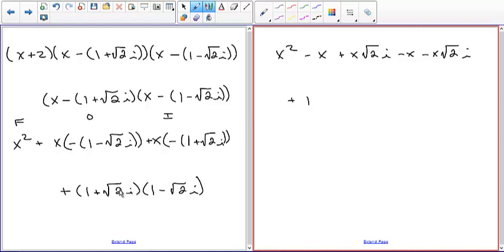You've got plus square root of 2i times 1 and minus square root of 2i times. So the inner part of that multiplication goes to 0. And then the last part is you have the square root of 2, and we got a negative sign here. So it's negative because positive times negative is negative. Square root of 2 times square root of 2, and then i squared.